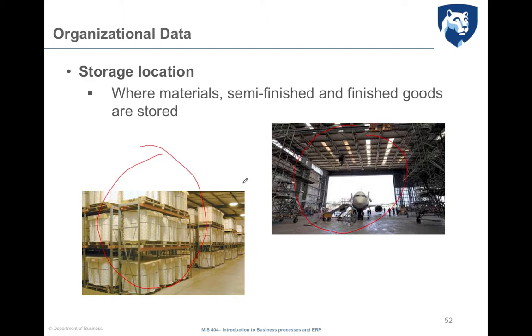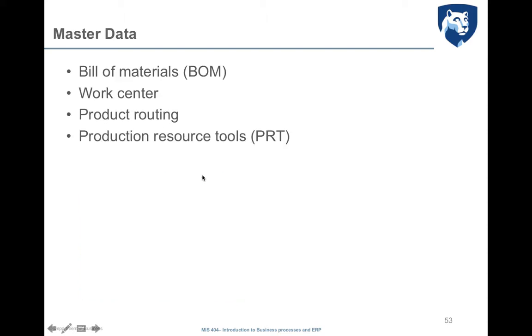So it can be small or larger according to the product that needs to be stored. If it is clear, these are the organizational data that are relevant for the management of production processes through SAP ERP. Now we can step to the master data.